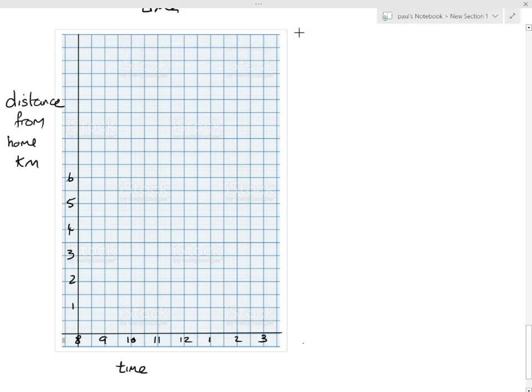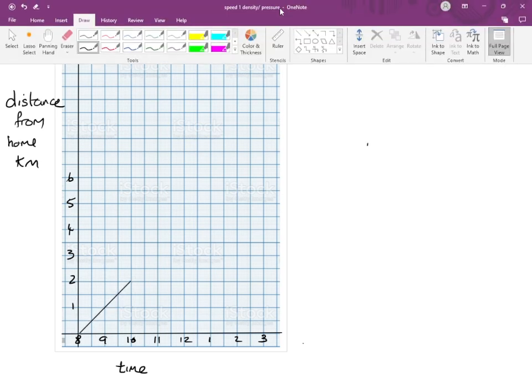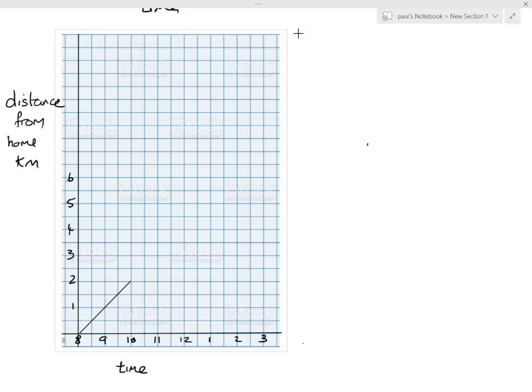Okay, so let's draw this, that bit. These are always more or less the same shape, these things.